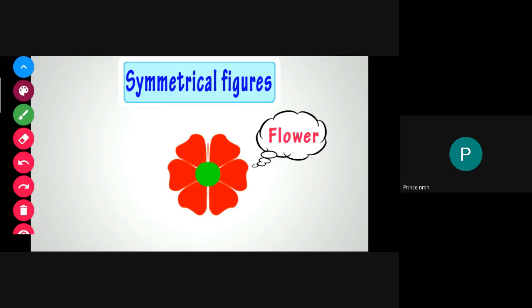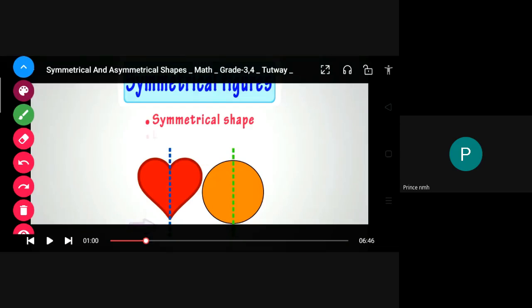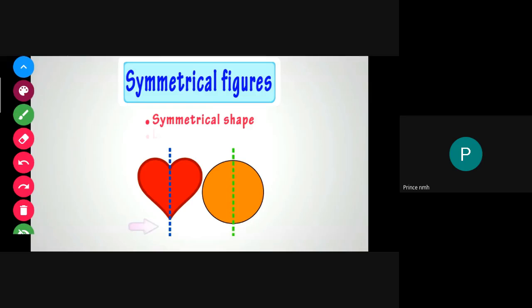Ma'am, you said that in the heart shape it is not equal from both sides, but it is equal from both sides. Suppose, now I don't have to draw, I am showing. Now tell me, if this line is not given, only this line, are the upside and downside parts the same?